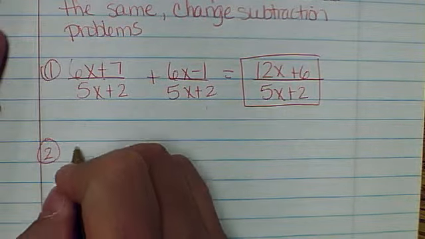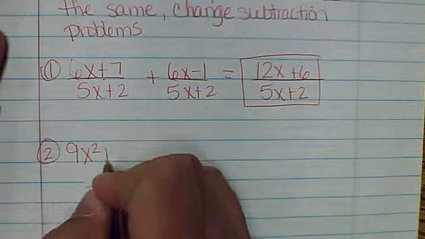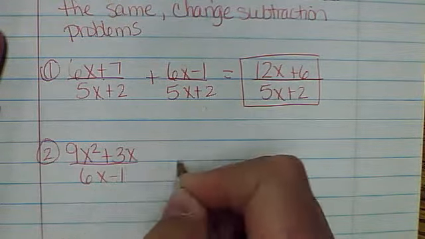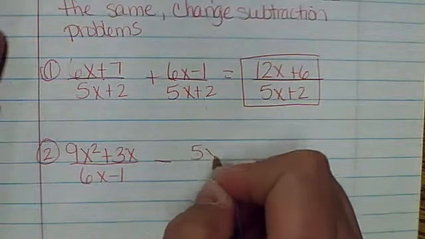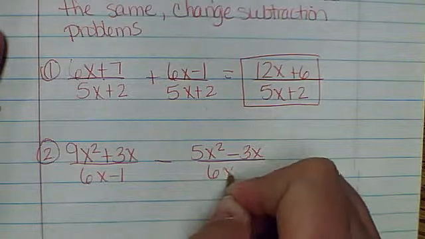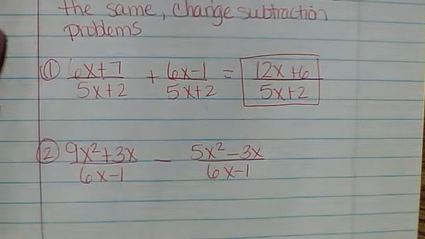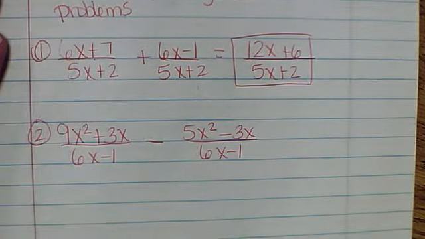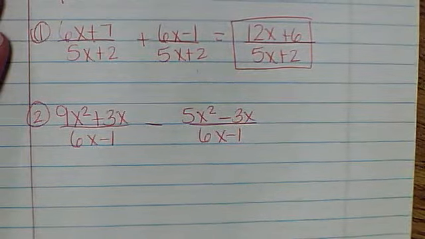Number 2. 9x squared plus 3x over 6x minus 1 minus 5x squared minus 3x over 6x minus 1. Now remember I said subtraction problems have to change.